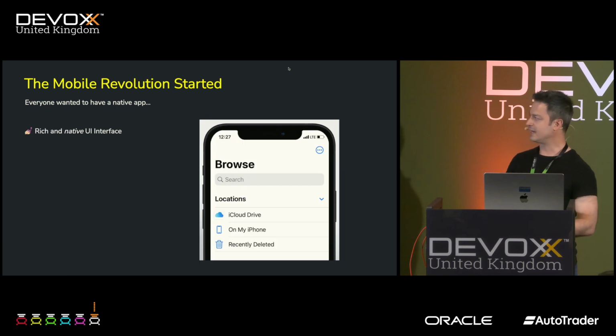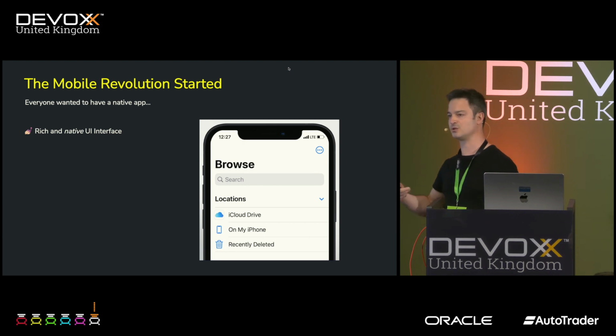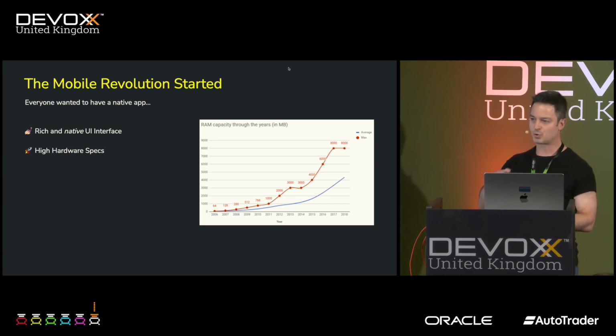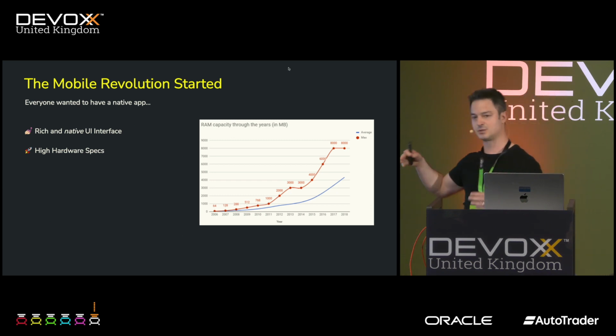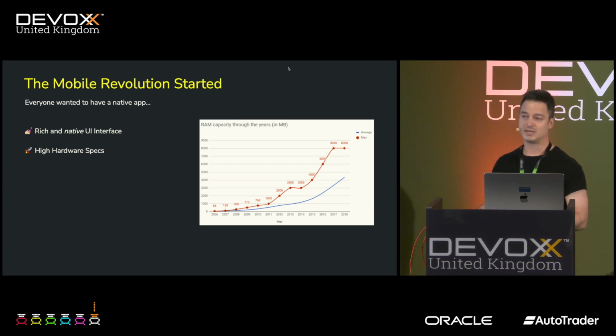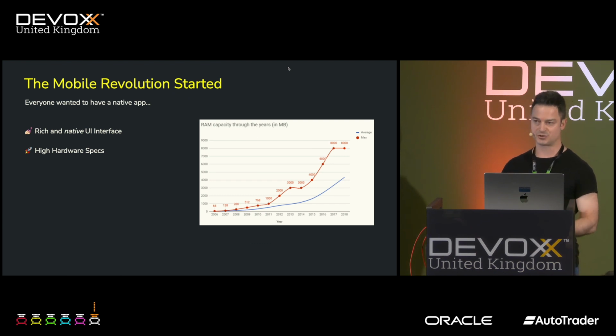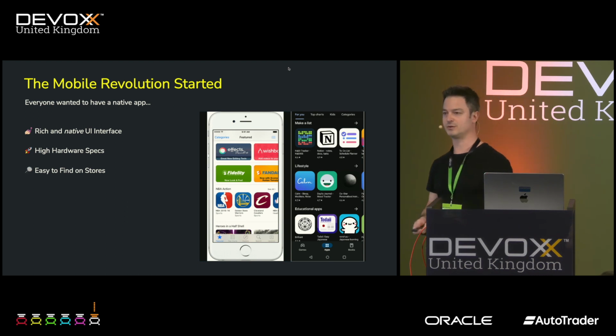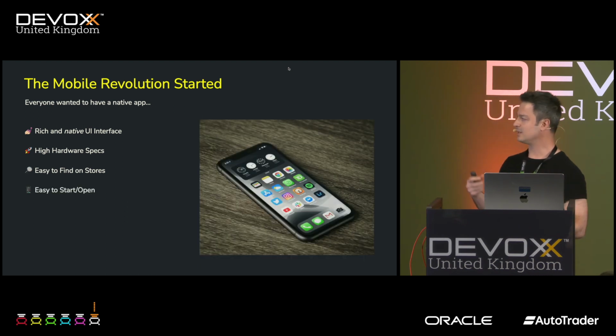They can offer a very rich UI where people are already used to, because it is very similar, if not the same, to the OS. Of course, native apps are much more tightly bound to the OS and the hardware, and these hardware specs increased with time. And nowadays we have phones that are extremely powerful and capable. They are easy to find, thanks to the stores, and they are easy to open. Just with one click we can have our application up and running.